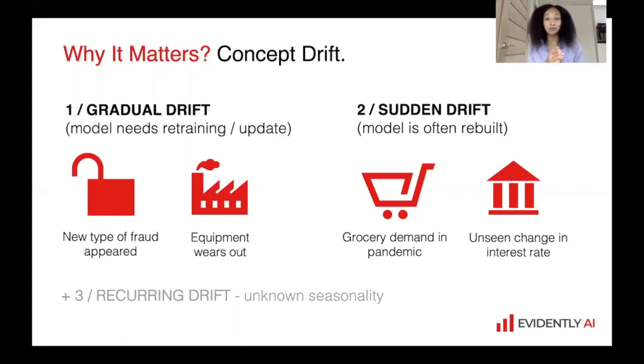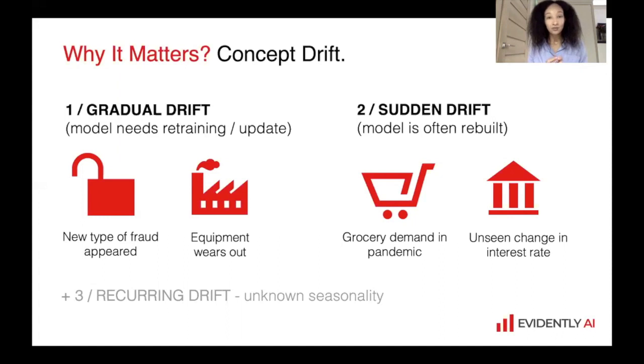If something sudden happens, it's pretty impossible to miss it, right? Like it happened with the pandemic. So we will probably know about it anyway, but there is not much we can do to help our model. In most cases, it will be a bunch of experiments, and we will have to rebuild our model from scratch.